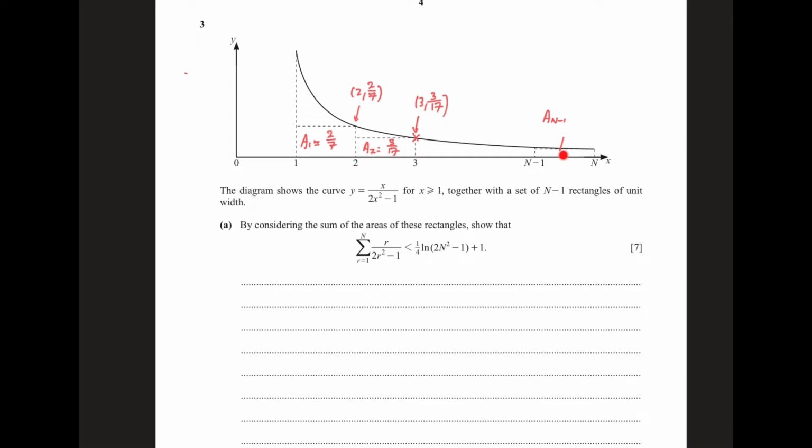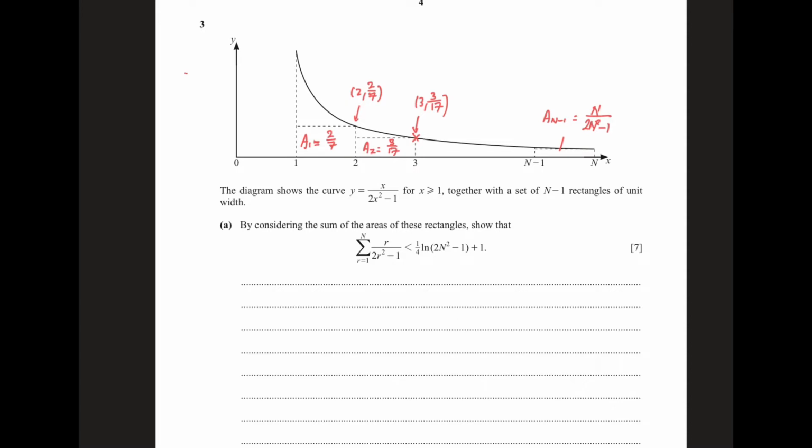So this area should use the value from here, which is n minus 1. Imagine 1 as the base, and the height is obtained by substituting n into this function. So you will get the height as n over 2n squared minus 1. So that is area n minus 1.